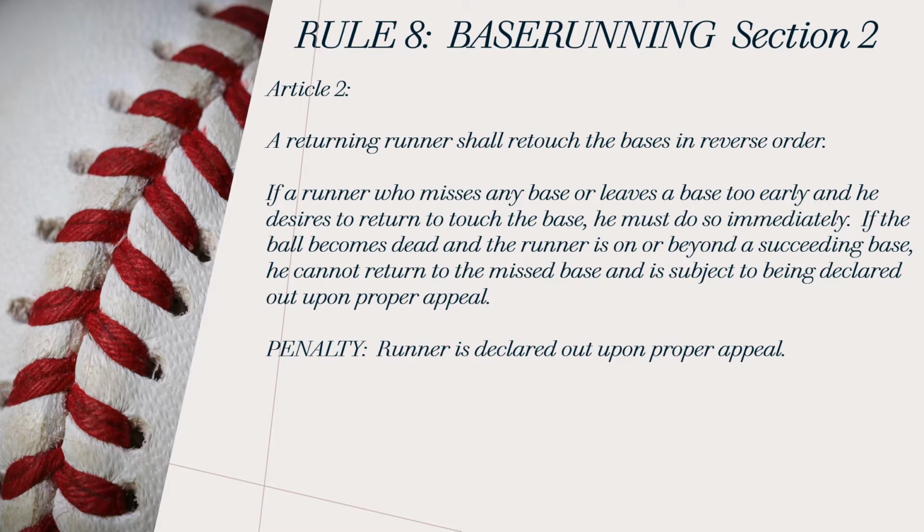If the ball becomes dead and the runner is on or beyond a succeeding base, he cannot return to the missed base and is subject to being declared out upon proper appeal. And again, the penalty for that, he will be declared out upon a proper appeal. So a missed base or leaving too early is not an automatic call. The defense must properly appeal those two things.